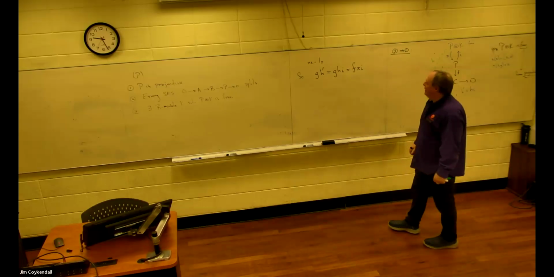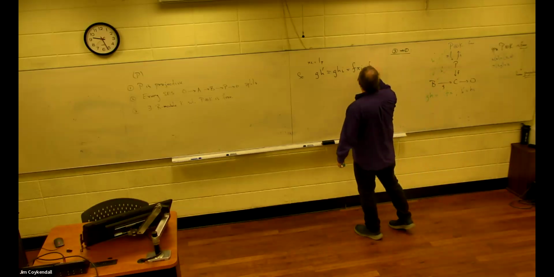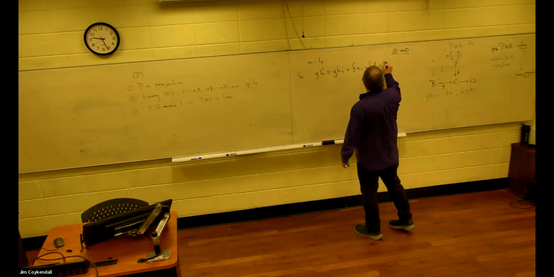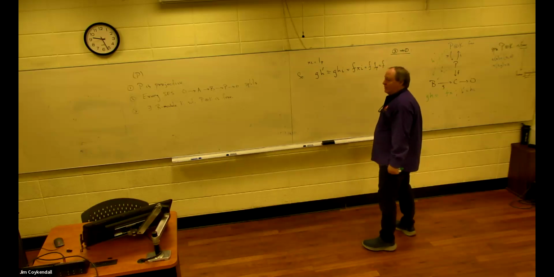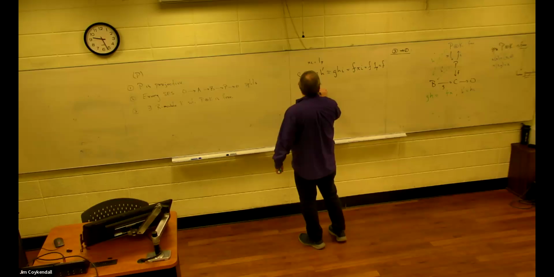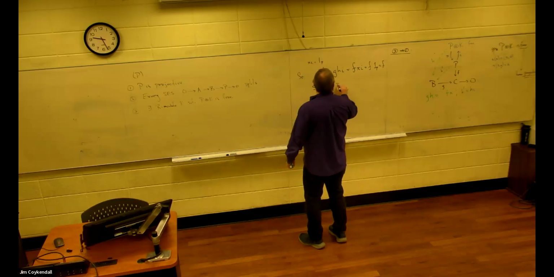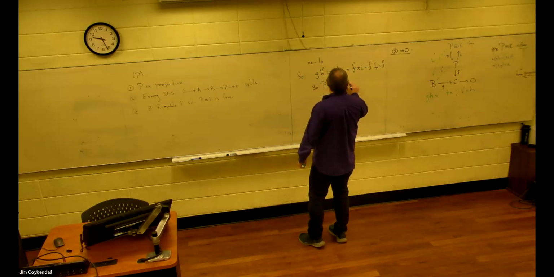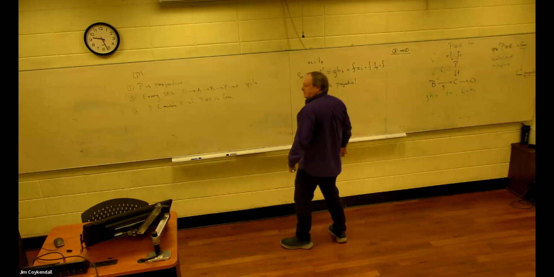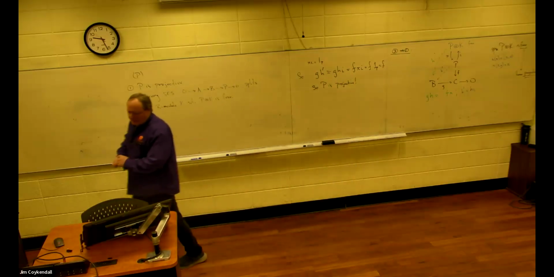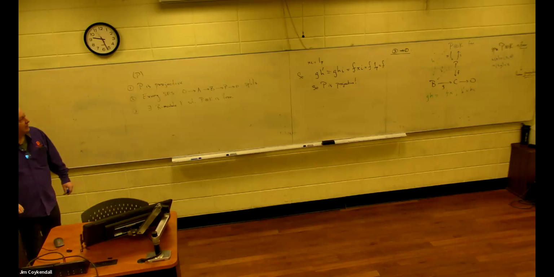But as we observe, pi iota is the identity of P, which is F. So there we go. So P is projective. So there are the equivalences of those conditions.